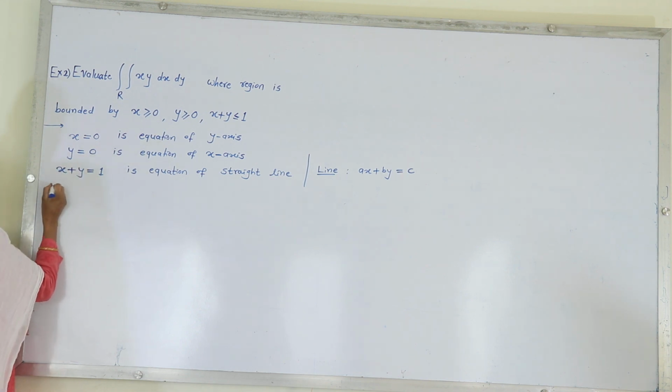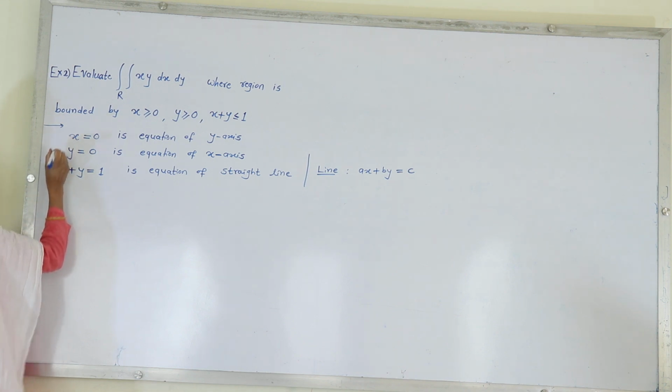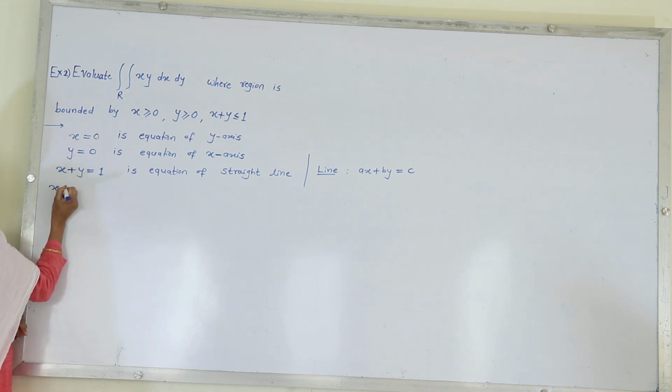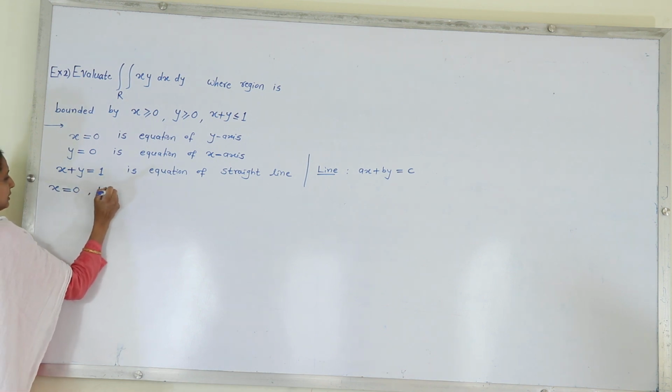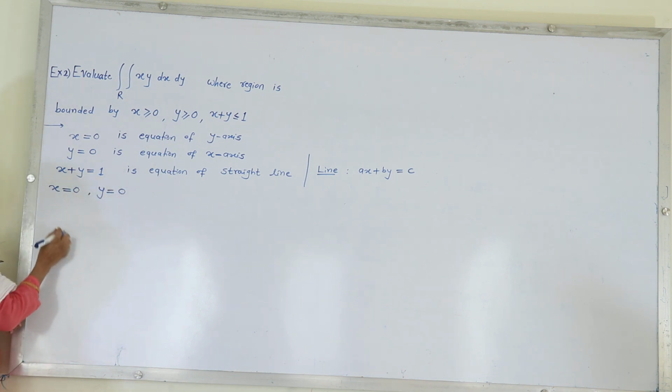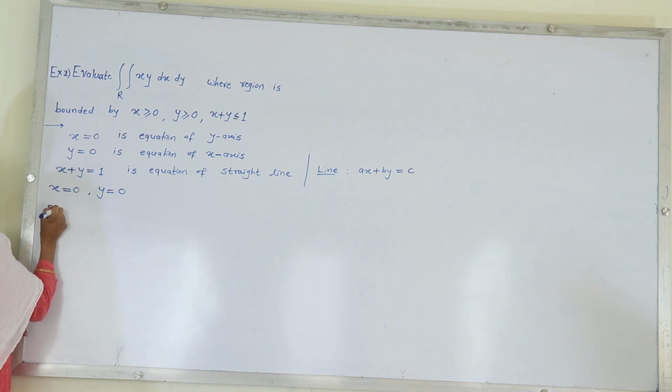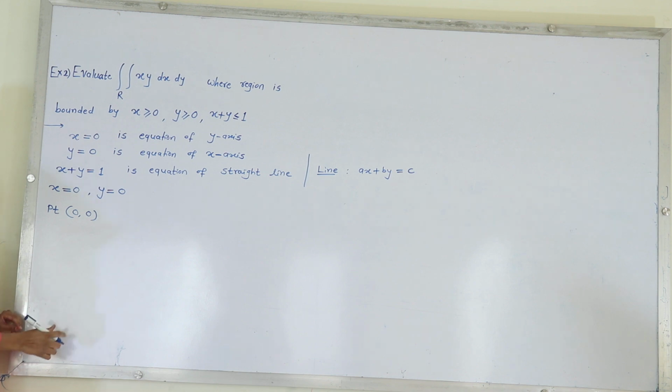If there are three equations, first take the first and second equation, x equal to 0 and y equal to 0. That means the point is 0, 0.